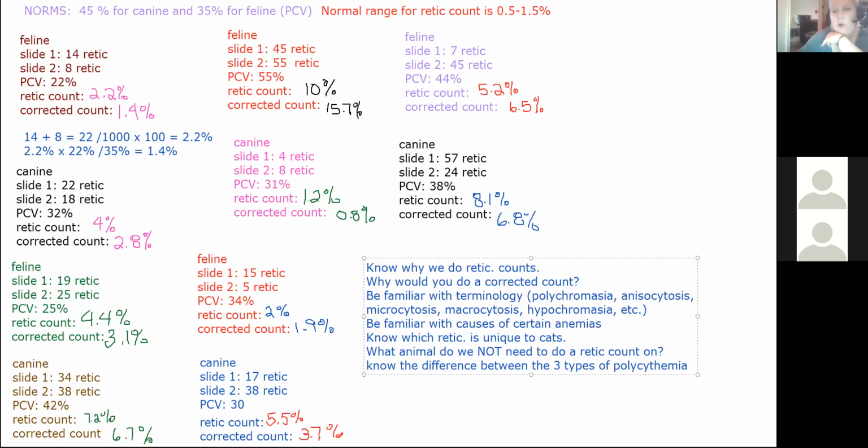I think that's really about it. I'm pretty sure you guys are all comfortable with some of the other terminology, like the term for bloody diarrhea, black diarrhea, petechial hemorrhaging, you know that one. I think that's pretty much it.